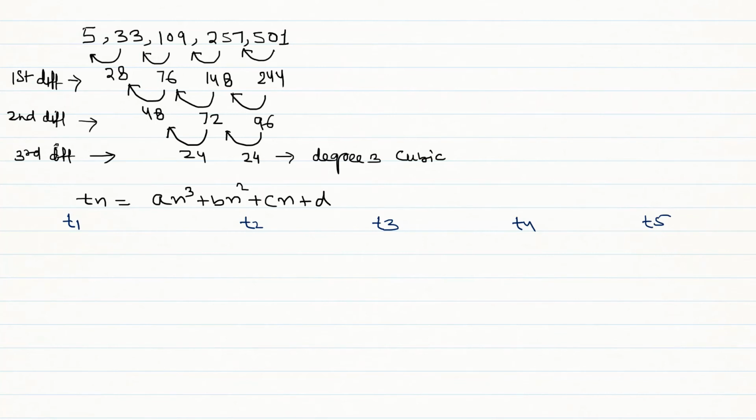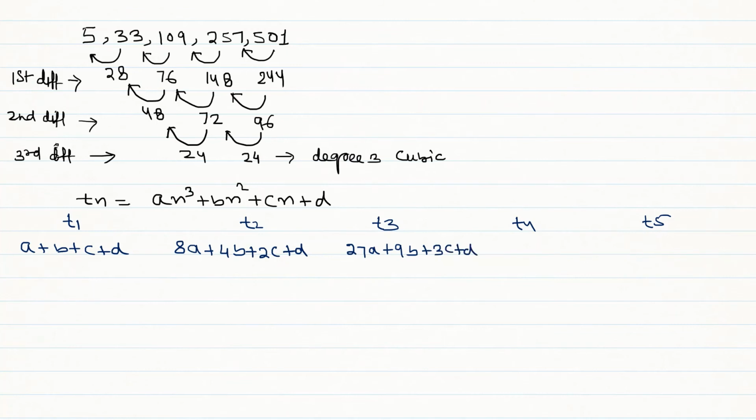So if I write all the values, with n as 1, t1, I'm getting a plus b plus c plus d. With n as 2, it must be 8a plus 4b plus 2c plus d. With n as 3, it must be 27a plus 9b plus 3c plus d.